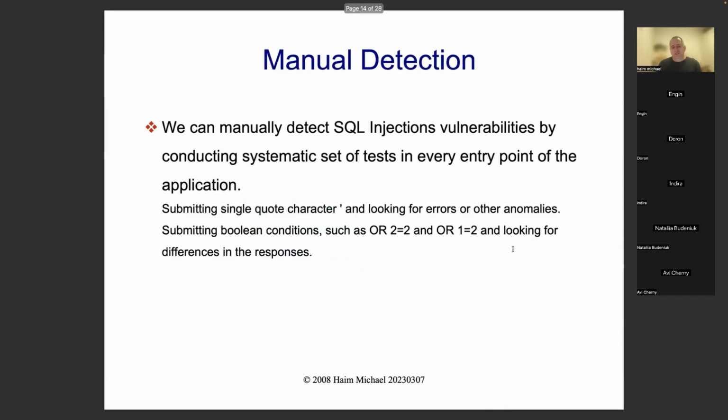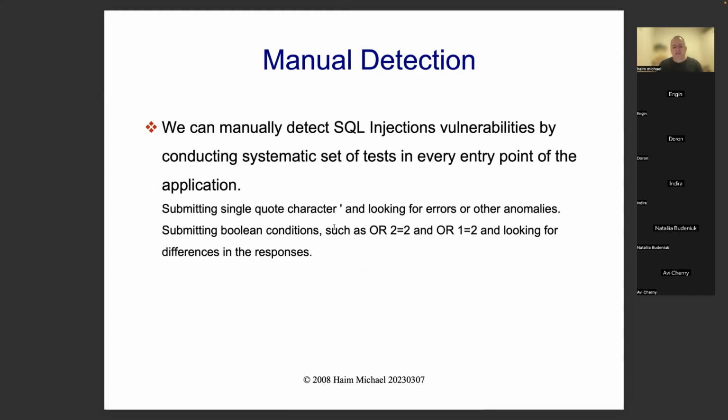Another way for detecting vulnerabilities is doing it in a manual way, meaning just focus on a specific endpoint, a specific form, and manually, for instance, try to enter data, including Boolean conditions. If you see differences in the responses, it means that there might be a problem.